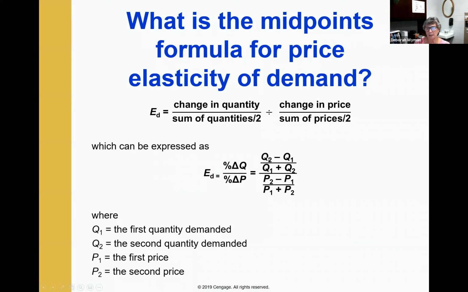So the formula then is Q2 minus Q1 over Q1 plus Q2, divided by P2 minus P1 over P1 plus P2. So Q1 is the first quantity demanded, Q2 the second quantity demanded, and then the first price and the second price.